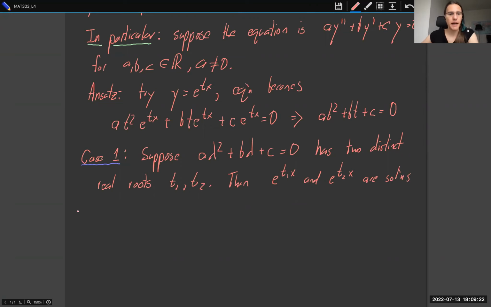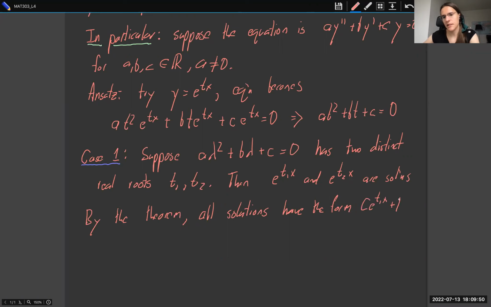By the theorem, because neither of these is a multiple of the other, since t1 and t2 are distinct, all solutions have the form C e^(t1 x) + D e^(t2 x). So that's case 1.